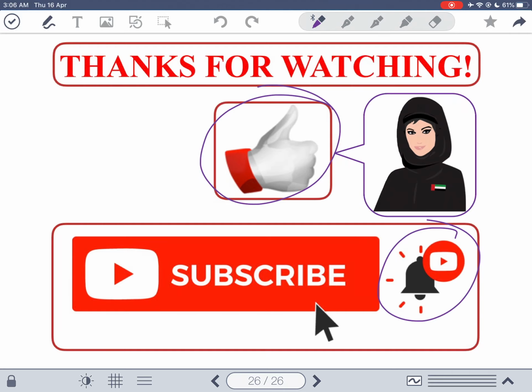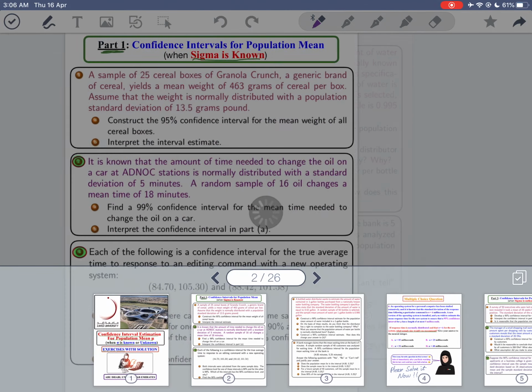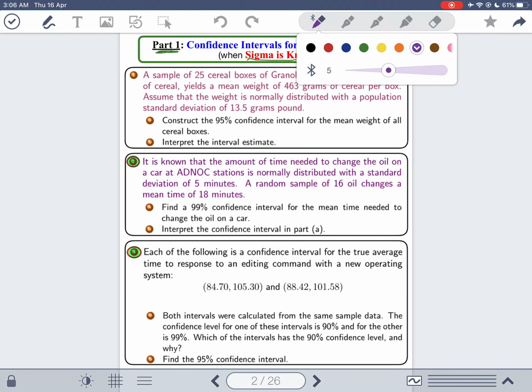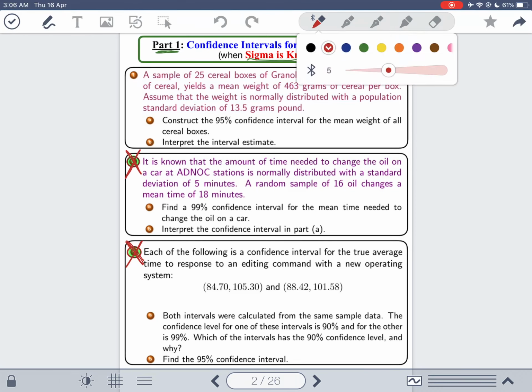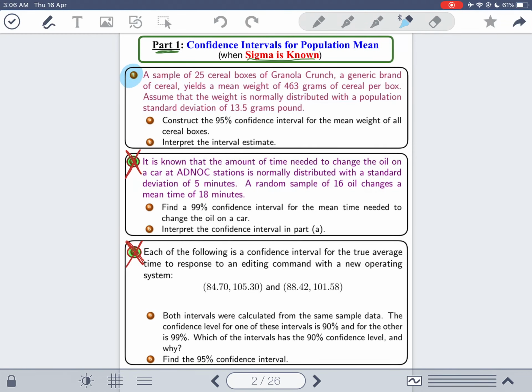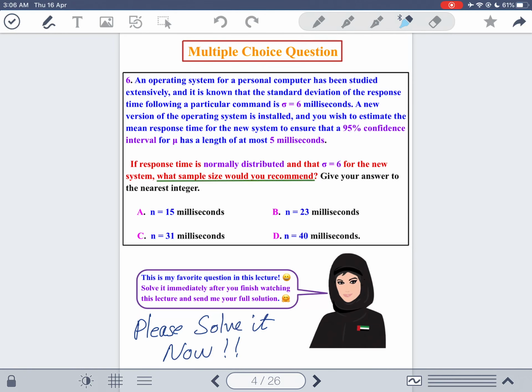Okay, and I will just go quickly back to tell you something. Now we have solved these exercises, 2 and 4. So now please solve number 1. You can solve 1, 3 and 5 from part 1. Of course, the multiple choice questions, I assume that you already solved while watching the video.